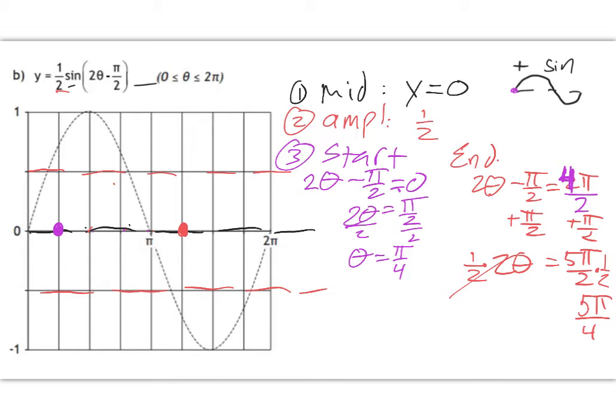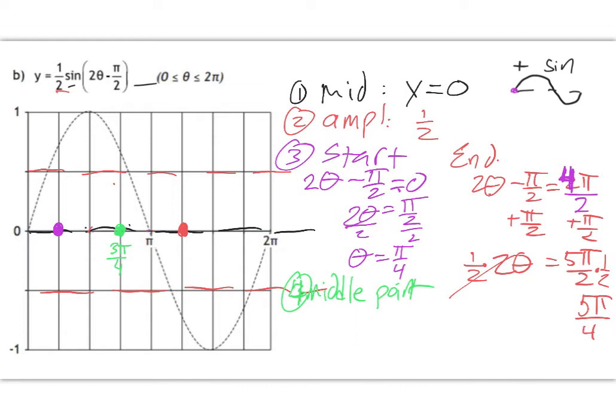All right. Let's get that middle point. That's exactly between these two. I can do that visually. And that's going to be at 3 pi over 4. Because that's exactly between those 2 points.